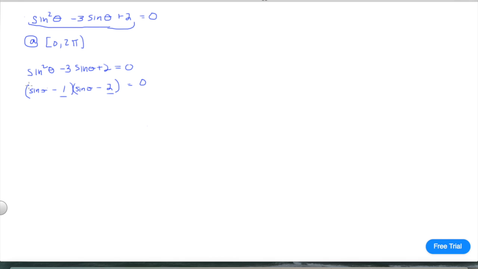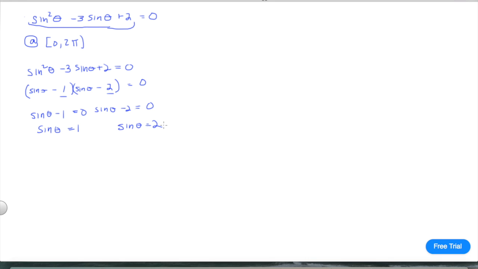If I take the time to multiply this back out, I will end up with what I started with. Now, just like in algebra, I'll set each factor equal to 0 and then solve them. So I have sine theta is equal to 1 and sine theta is equal to 2.